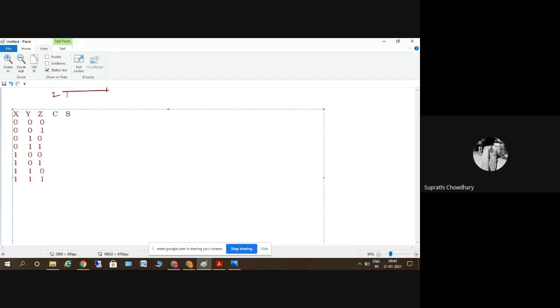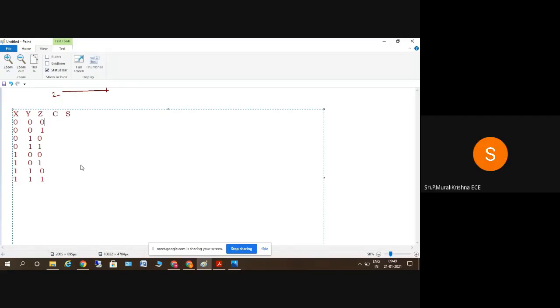So for these 3 input combinations, we'll get these input rows here. Yes or no? Yes, sir.